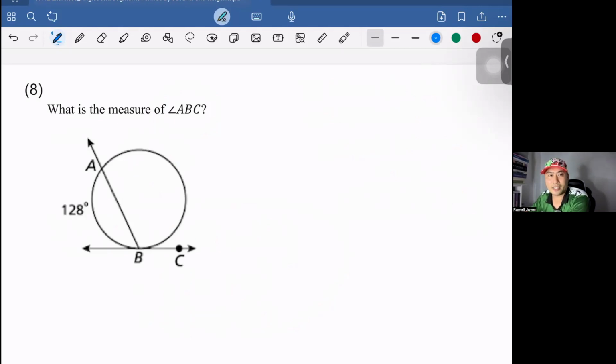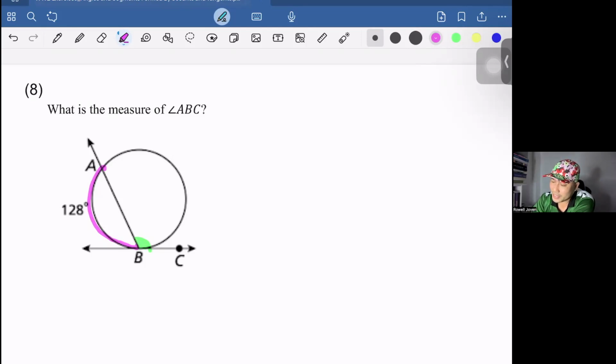All right, let's now discuss problem number 8. What is the measure of angle ABC? So we want the measure of angle ABC here. The given is arc AB, which is 128.